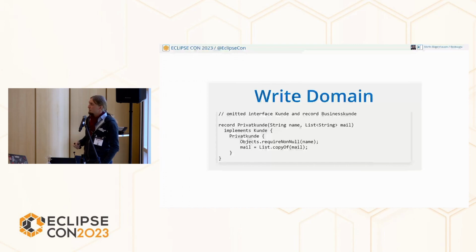And for self-copying, like the list of email addresses, they are copied, and that's an immutable copy, and it's not null. So again, this record, after construction, is it impossible to have null values or mutable values in there.